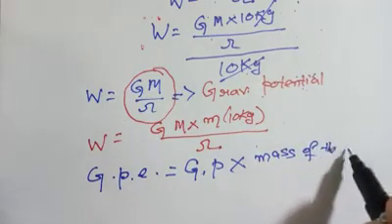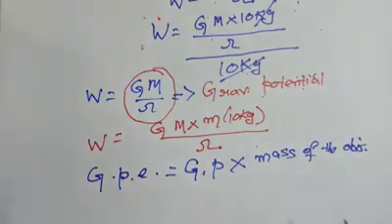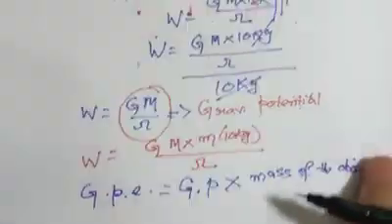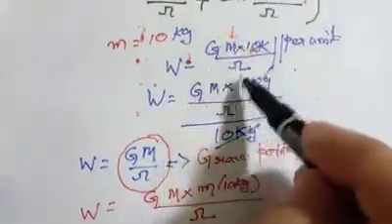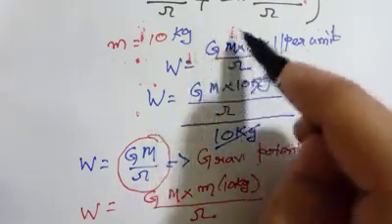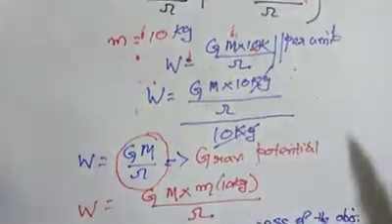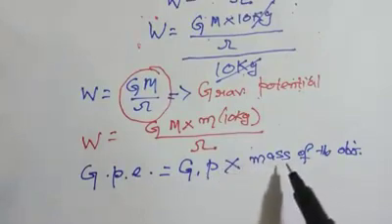So essentially, if we take this part only, GM by R, this is the gravitational potential, and this is the gravitational potential energy.